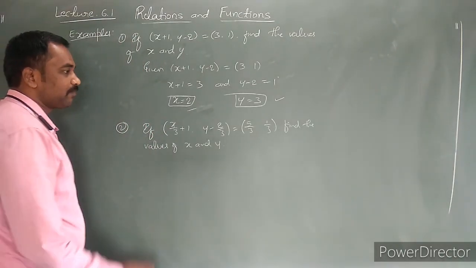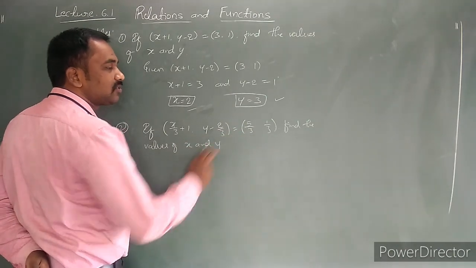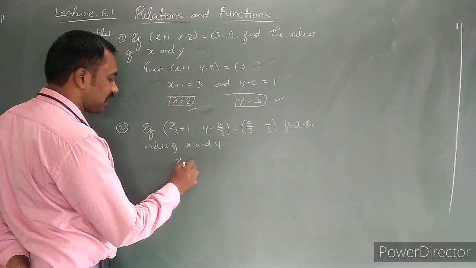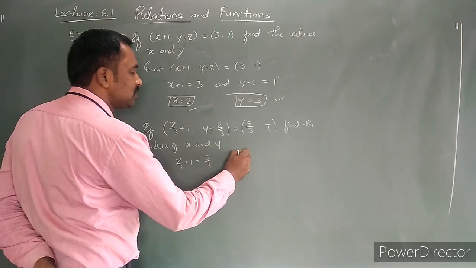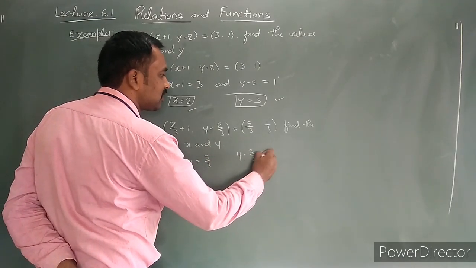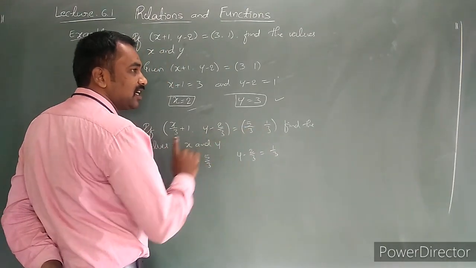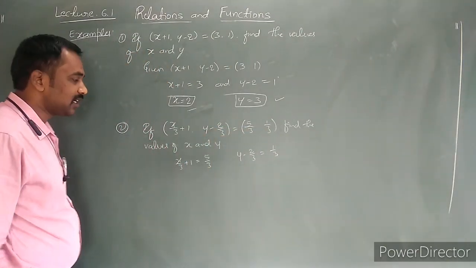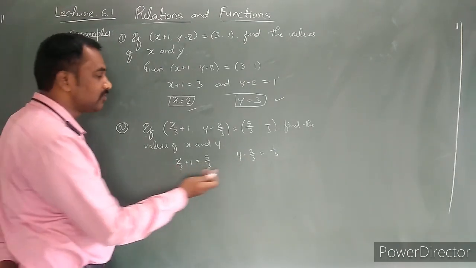These two ordered pairs are given as equal, so I am directly writing x/3 + 1 is equal to 5/3. Similarly, y - 2/3 is equal to 1/3. These corresponding elements are equal whenever two ordered pairs are equal. Solve for x, a linear equation involving one variable.